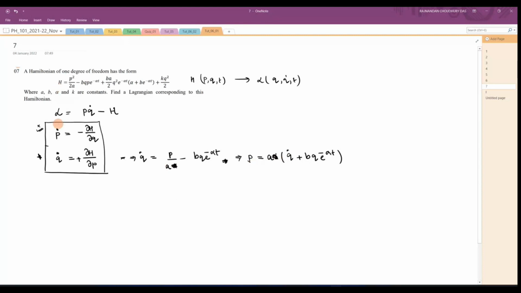Now we can simplify this. Our Lagrangian L is equal to p times q dot minus H, with p being A q dot plus b q e to the power minus alpha t.